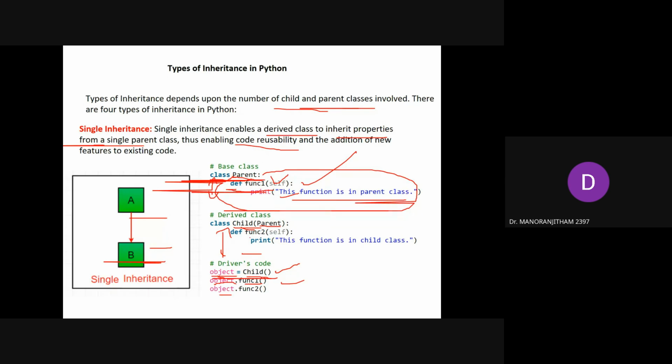If you do not go with inheritance, you cannot access this. You would have to create one object for one class and another object for the other class, if we are not following this inheritance property.